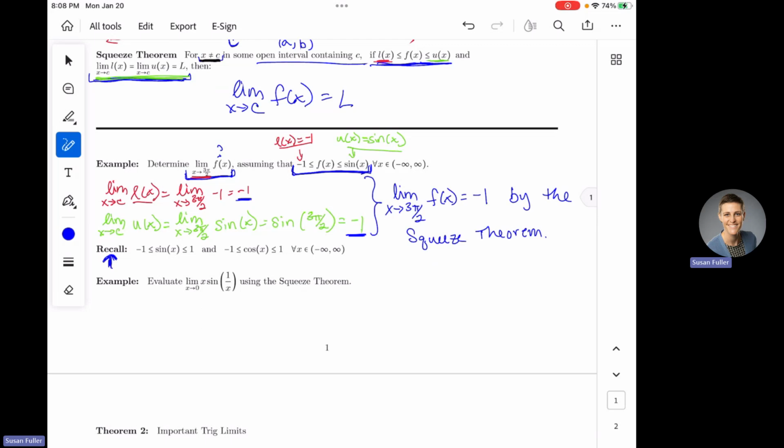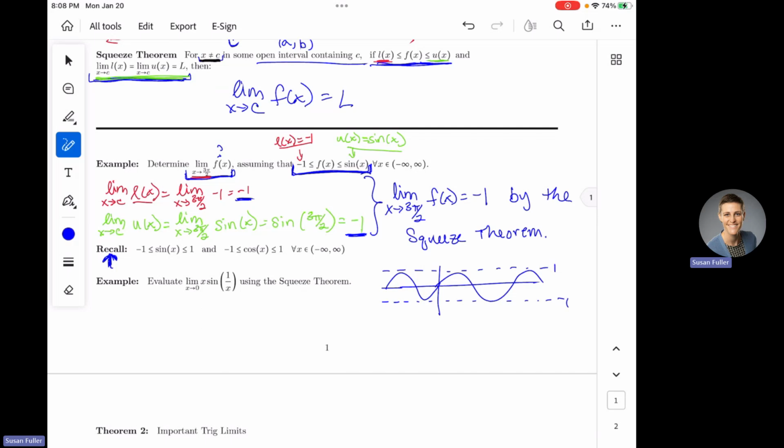The sine of x and the cosine of x are bounded functions, right? So sine of x looks like this. And cosine of x looks very similar. It's just slid sideways a little bit, right? Now, these guys are bounded between y equals 1 and y equals -1, right?